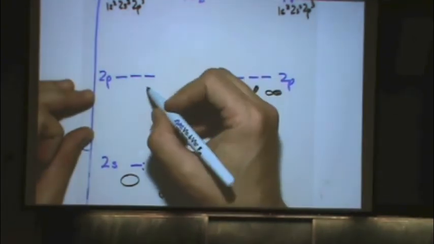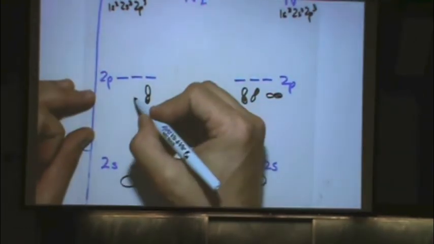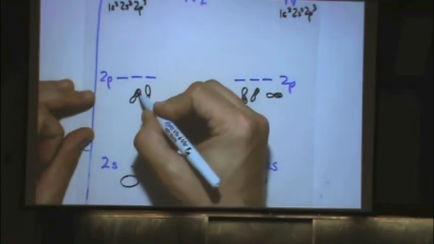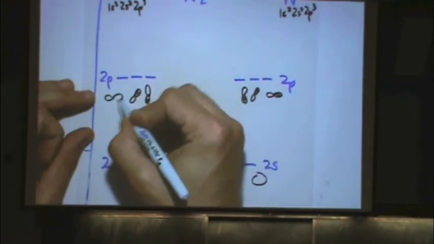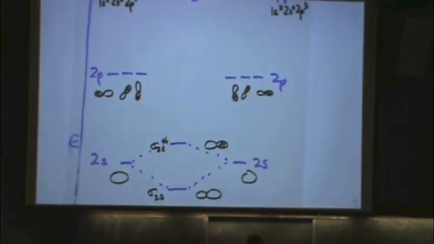And so I'm going to draw, same over here, there's one that goes up and down, there's one that goes forward and backward, and then there's one that goes right and left. Okay? So there's all the p orbitals. That'll cause the molecular orbital, or the center part, to look differently. Okay, so it's going to be a little bit different for the nitrogen.